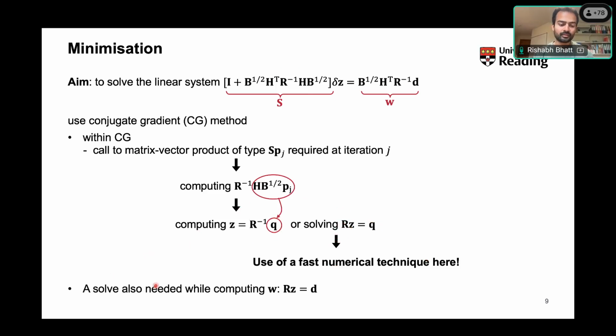We might need to do another solve, which involves computing the right hand side vector W, because it also involves a matrix vector product of the form R inverse D. So you would also need to use a numerical technique there.